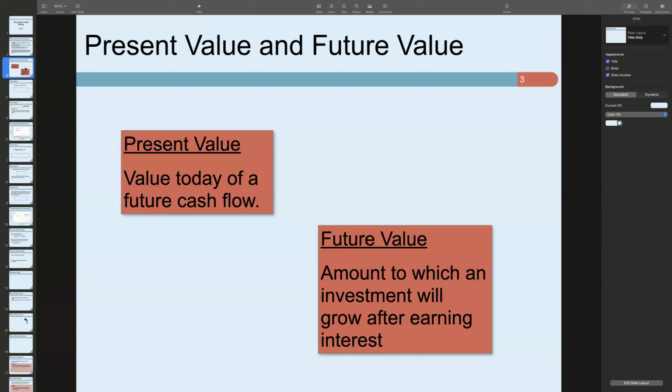When we compare money values, we need to make sure they are both in present value or both in future value. But when we talk about investment, how much you want to invest, we usually look at the present value.